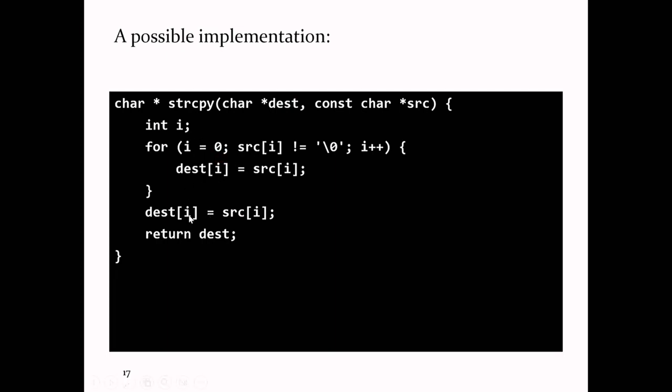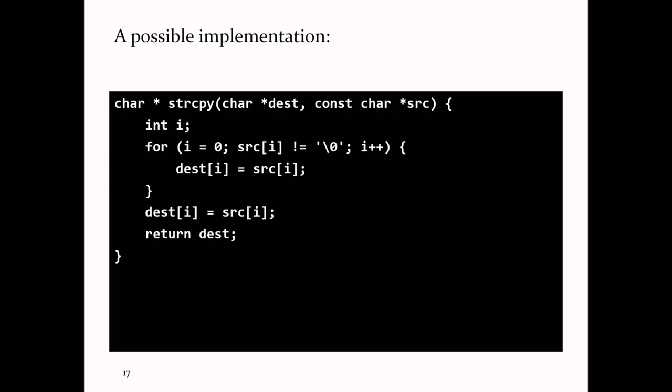Notice I can't declare int i here, because I need i after the loop, because I need to set the null terminator. So I need to remember where I've actually gone into, what is the character one past the last character I copied in dest. That's why I'm declaring i outside the loop.